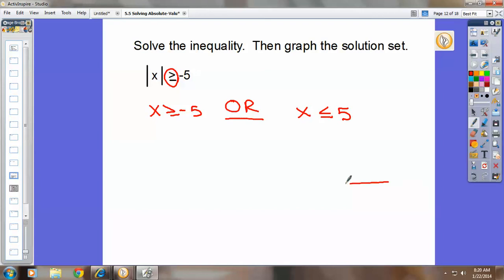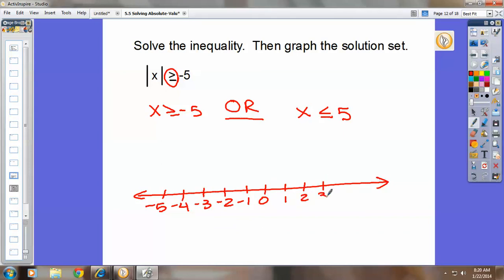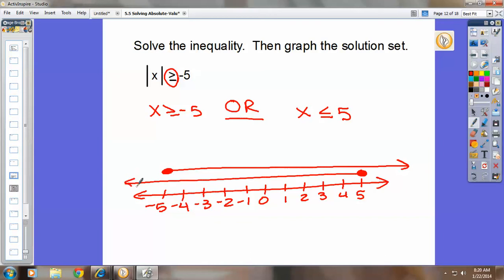Let's graph on our number line. Let's include numbers all the way from negative 5 to positive 5. So we have greater than or equal to negative 5. We have less than or equal to positive 5.